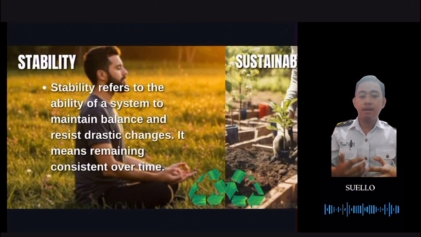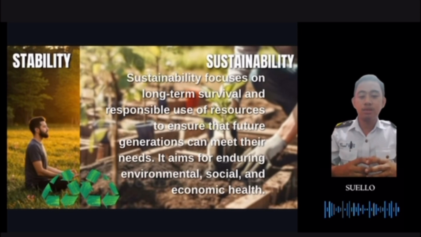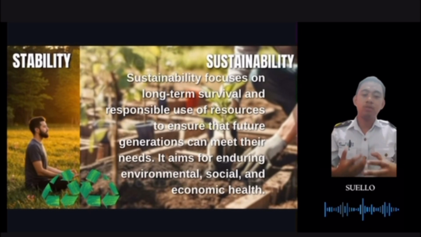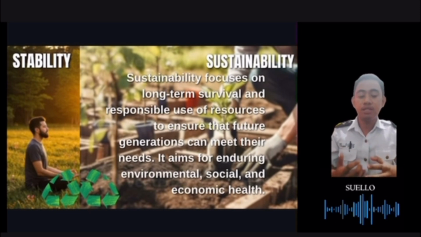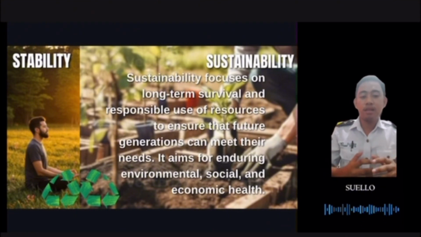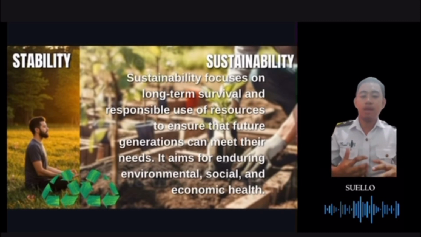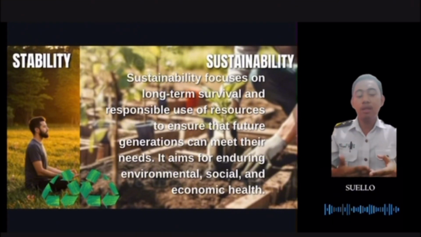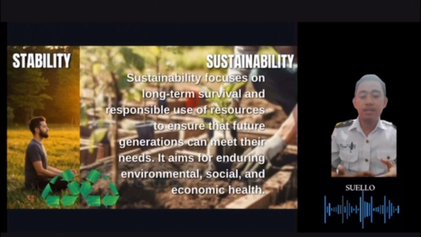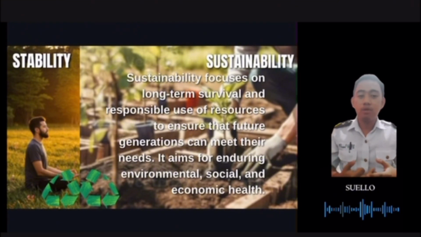Sustainability, on the other hand, means using resources wisely so that future generations can still meet their needs. It focuses on a long-term balance, protecting the environment, supporting economic growth, and also improving people's well-being all at the same time. So together, stability and sustainability help create societies that can grow, adapt, and also thrive without causing harm or running out of resources.